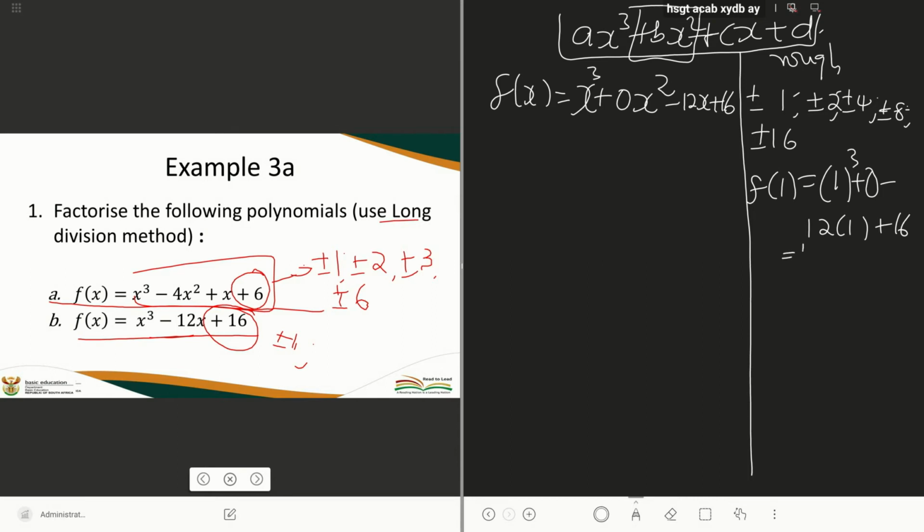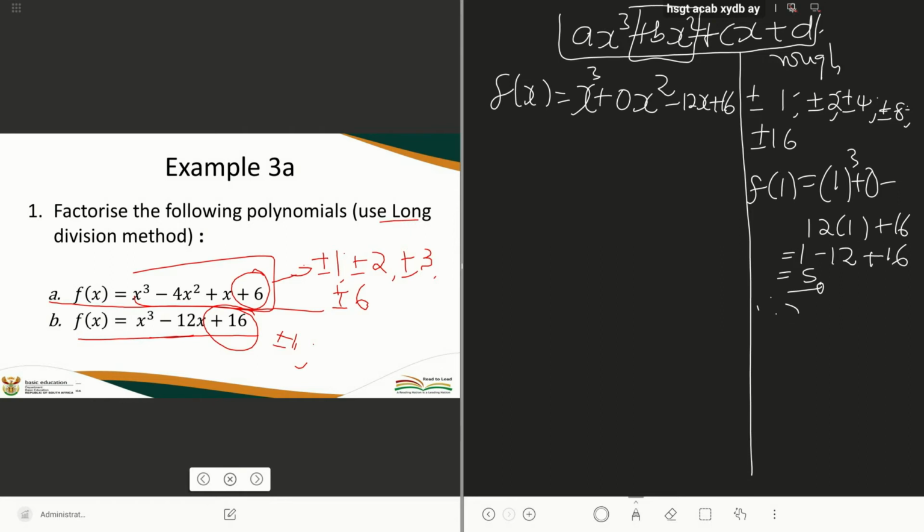So I'll have 1 minus 12 plus 16. When you simplify this all together, it's going to give you negative 11, then plus 16, which is 5. So now your remainder is 5.